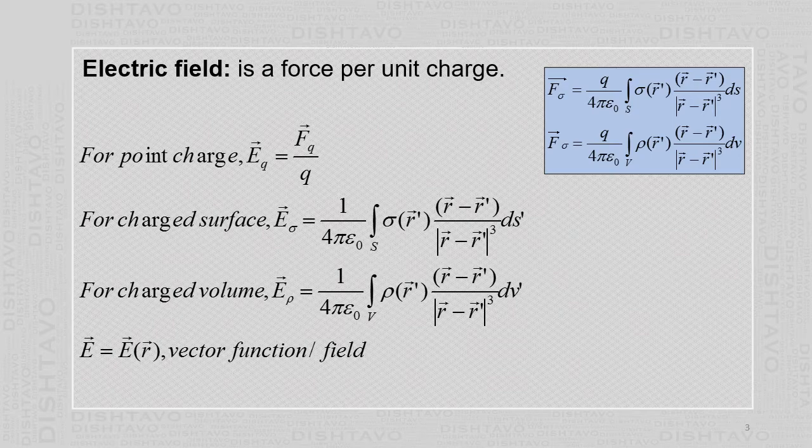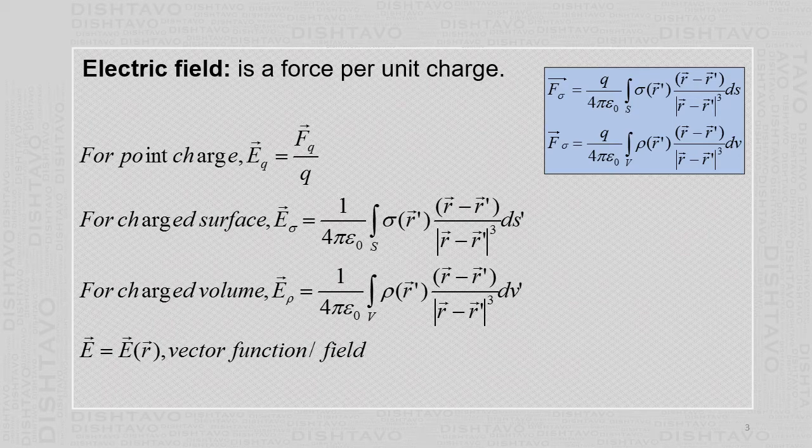If the test charge attracts or repels, that means there is a field surrounding the given source charge, and the force experienced by this test charge divided by the test charge is called the electric field of that source charge. This is how the electric field is defined. Electric field is force per unit charge, and the unit for that is newtons per coulomb.